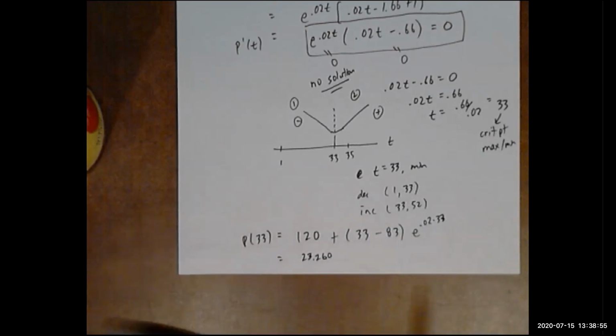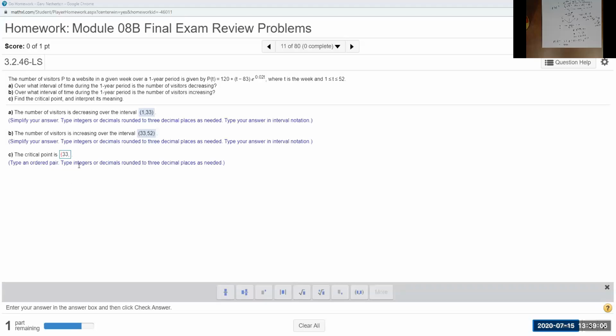We'll see if they want us to round it or whatever. Type an ordered pair, type integers or decimals, rounded to 3 decimal places. So 33 and 23.260. So 3 decimal places, 23.260. We'll see if they like this.